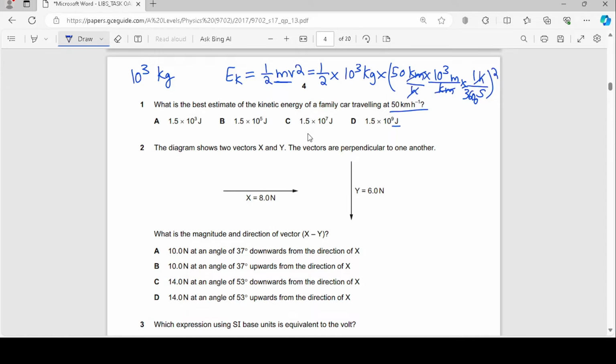And I'm just going to calculate this out. So let's see, 0.5 into 1,000 into 50 into 1,000, and then divided by 3,600. Oh, I forgot to square, sorry. Hopefully you guys are better at using calculators than me.